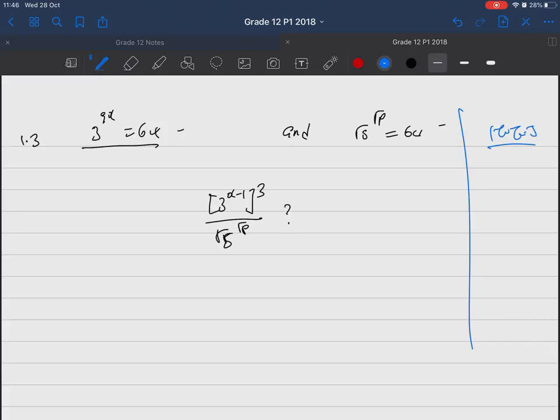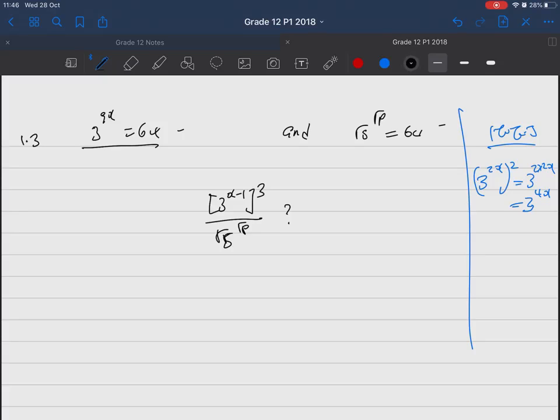Before we do that, let me just give you some notes. You know that 3 power 2x, all power 2, let me make a to be 2 for argument's sake, is the same as 2 times 2x, which is the same as 4x.